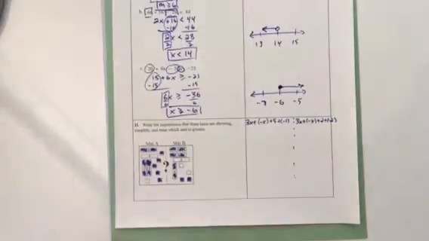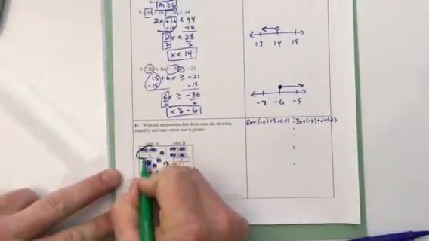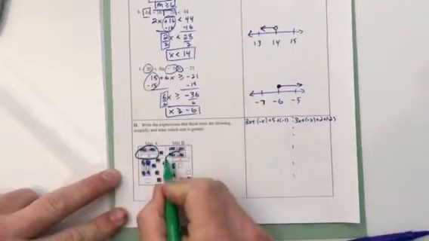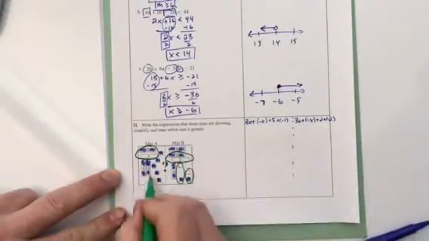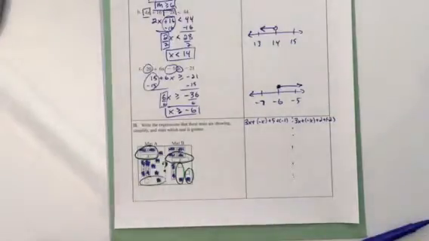Okay, I'll use a different color here. Make zero pairs, so I have there and there, those 2, and then those 2.